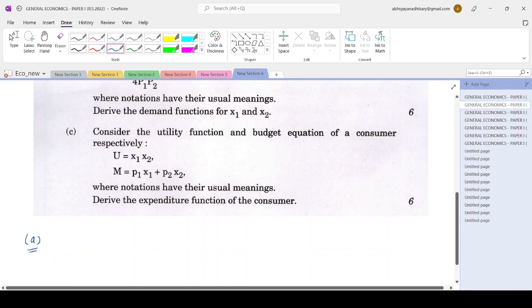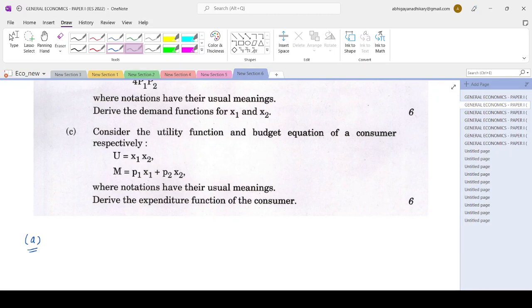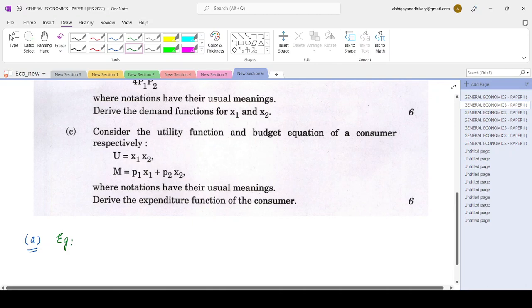You must be remembering that when we were talking of consumer behavior and the utility maximization objectives of the consumer, what was the setup? The utility function was given by the level of the two goods that are consumed, right? So U is U of x1, x2.